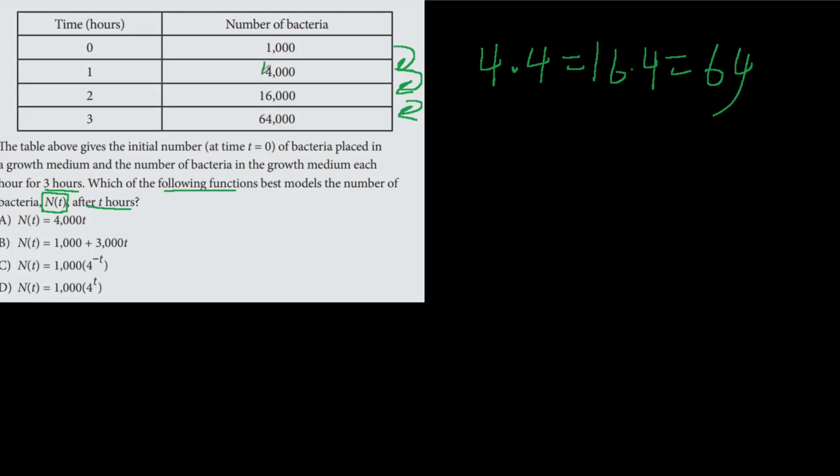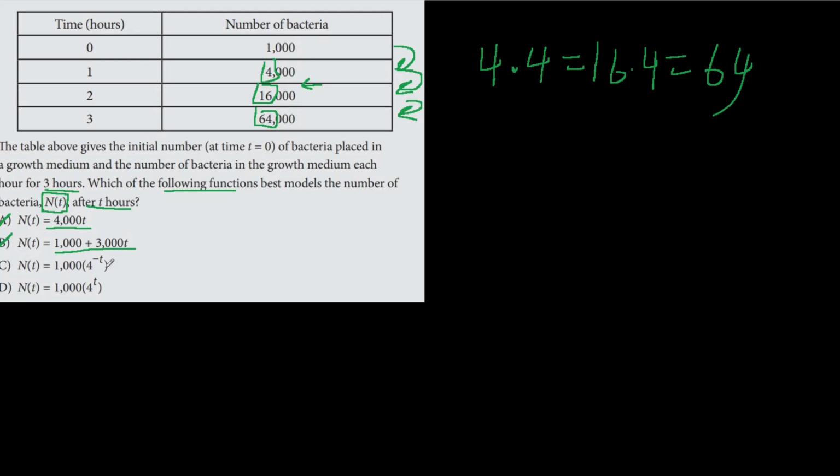We can see 4, 16, 64. So I already know this is going to be exponential based on that. And I also know that because the difference between each hour is not the same. So we know that these are linear functions, based off of what we said before. So these two you already know are wrong.